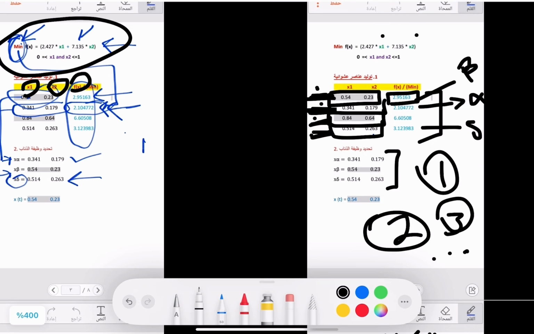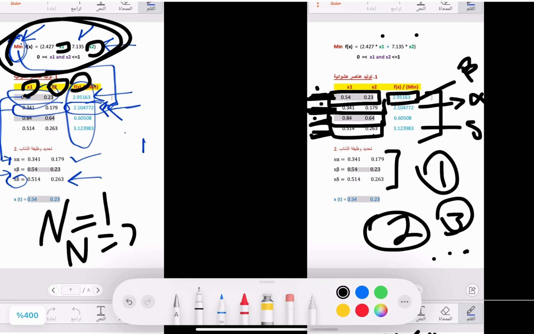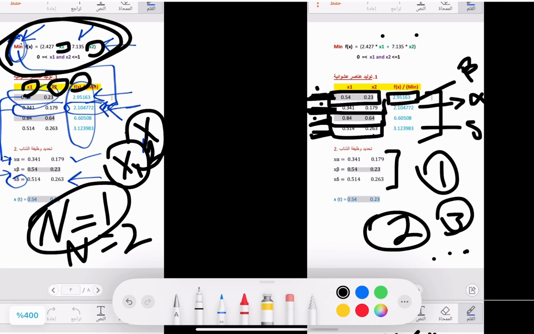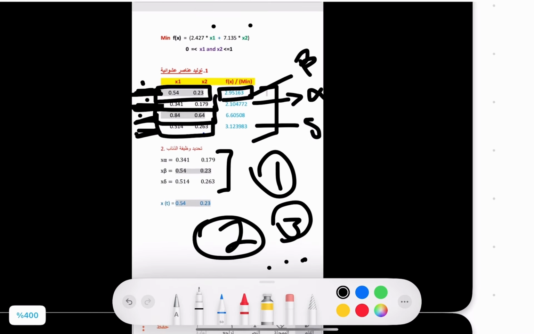Since the equation has to have x1 and x2, for each population n equals 1, n equals 2, n equals 3, and n equals 4, we're going to have two values, one for x1, the other for x2. So n1 contains a random x1, random x2, n2 contains another random x1, another random x2, and so forth. So we have the table right here with the generated values.